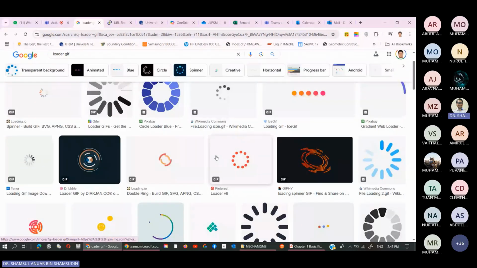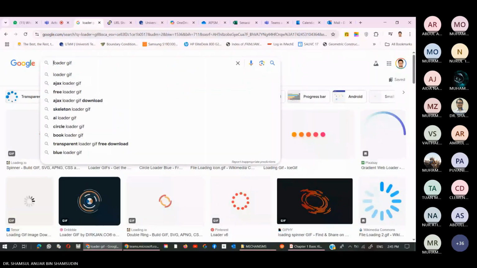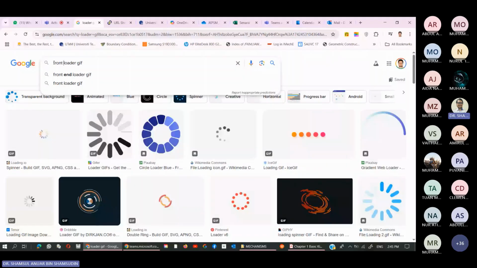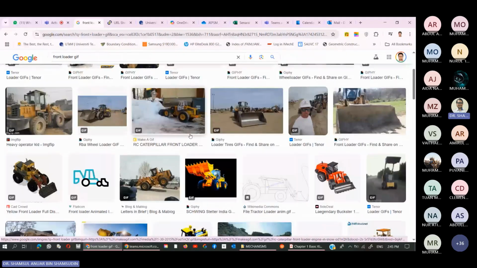Run loader GIF. This one. So let's visit that.